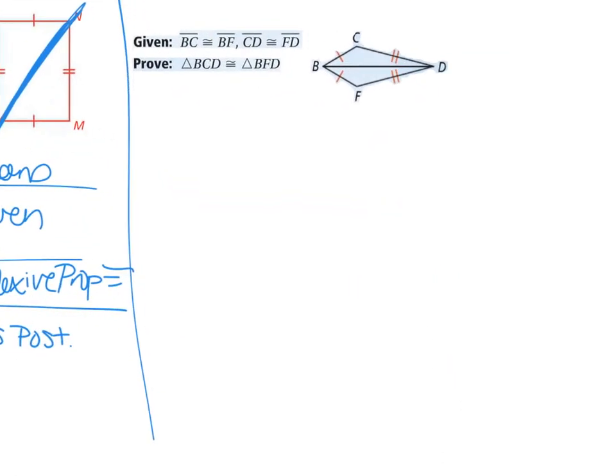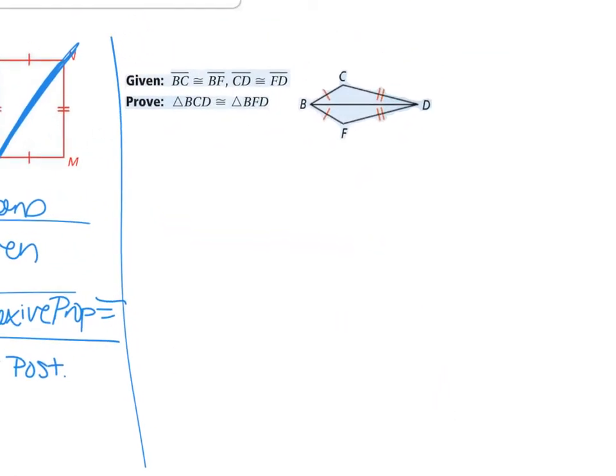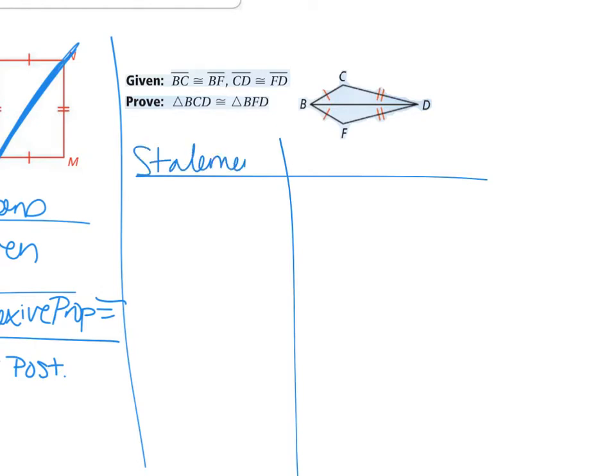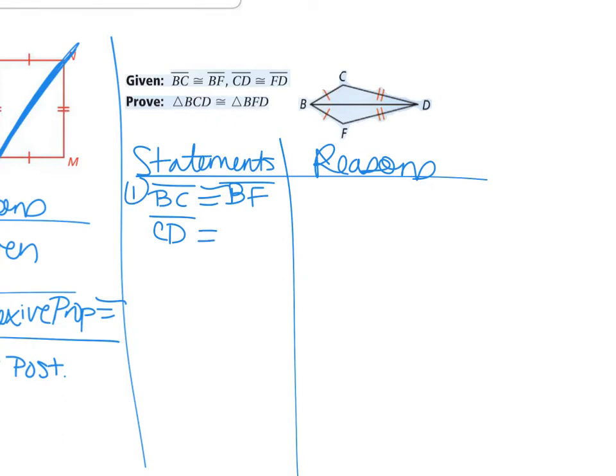Okay, this one's very similar. Pause the video, try it by yourself. So we've got our statements and reasons. Statement 1 is BC is congruent to BF, and CD is congruent to FD.